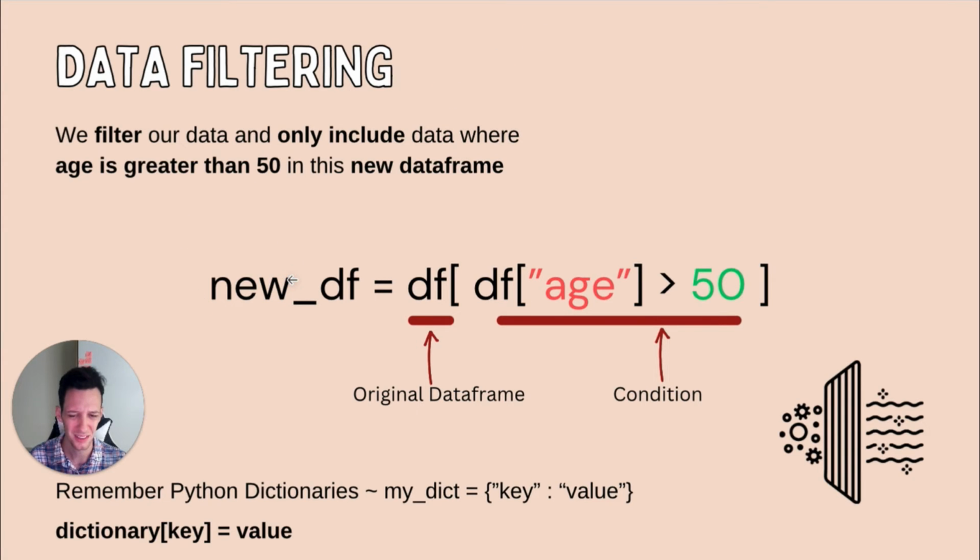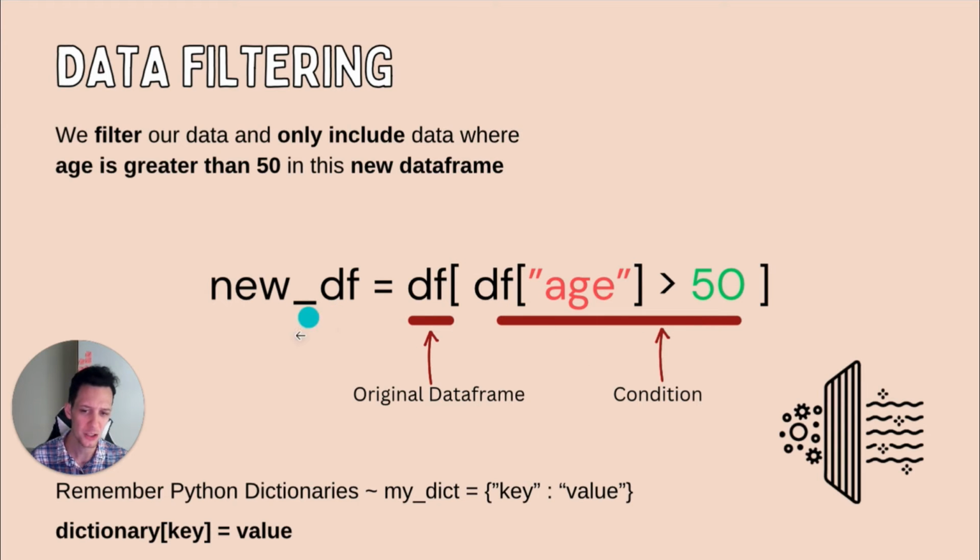But what if I want to take this one step further? Now I have a new data frame called newDF, and this new data frame is where all the data for people over 50 is held. What if now I want to get their score? Let's say they took a test and I want to get the score from all the people over 50.